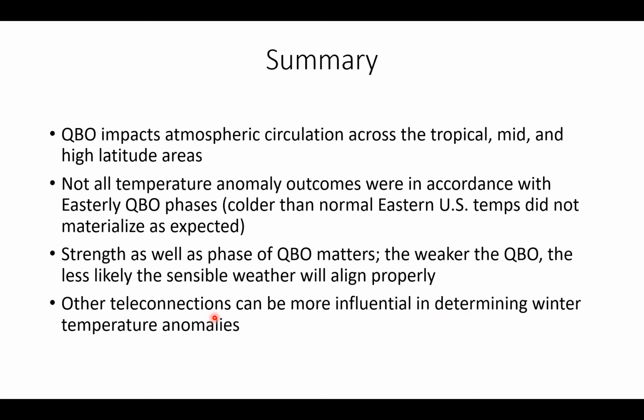So you might have an easterly phase QBO, and you're like, okay, well, we should be colder than normal in the eastern U.S. this winter. But then all of a sudden you get a negative PNA, Pacific North American pattern, with the trough out in the western U.S., and that is going to indicate above normal temperatures in the east. So then you have to look at the magnitude of the teleconnections to determine which one is going to be more dominant.